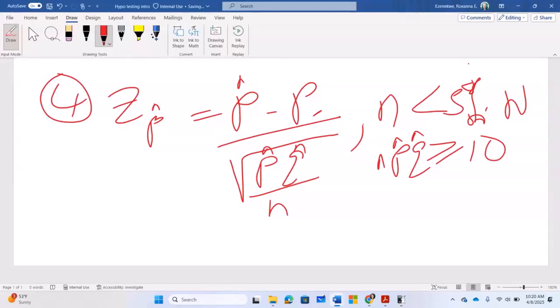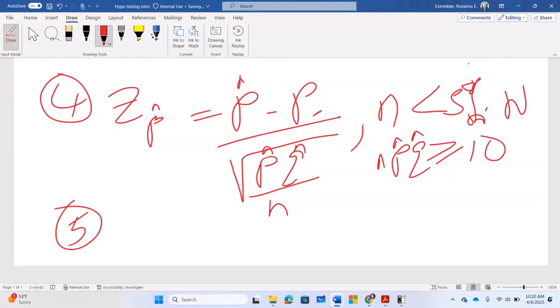So now number 5 is make a conclusion. There are 2 ways of making a conclusion. You can use the p-value. If the p-value is greater than alpha, you accept the null hypothesis. If the p-value is less than alpha, you reject the null hypothesis. Then you conclude.